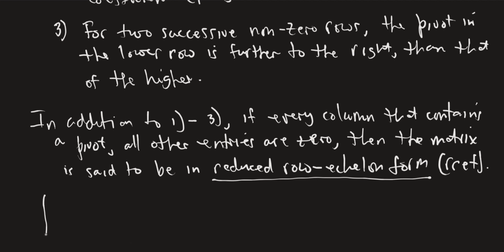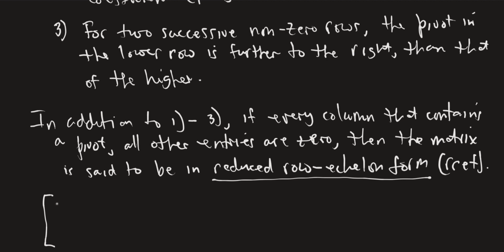So let me list a few of these and ask: is this an REF? Is this an RREF? Or is it neither? Obviously, if a matrix is in reduced row echelon form, then it is also in row echelon form. It's just reduced even further because of the requirement to eliminate all the entries above and below the pivot.